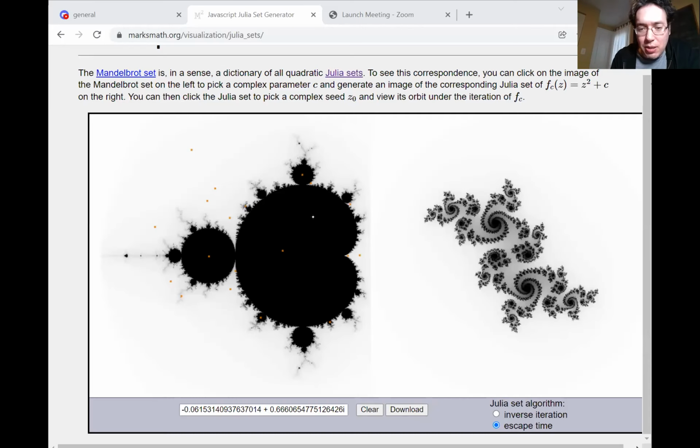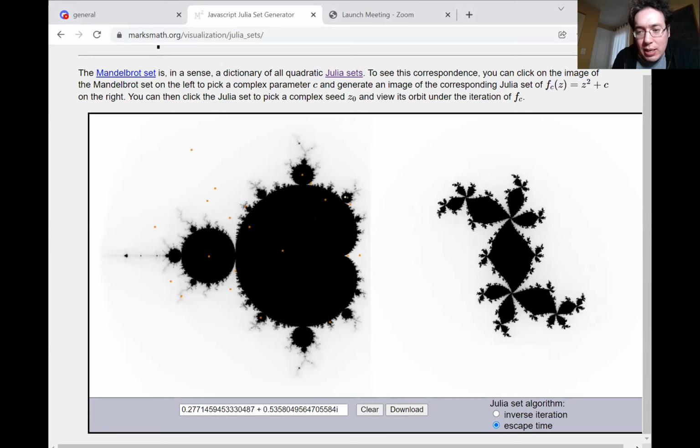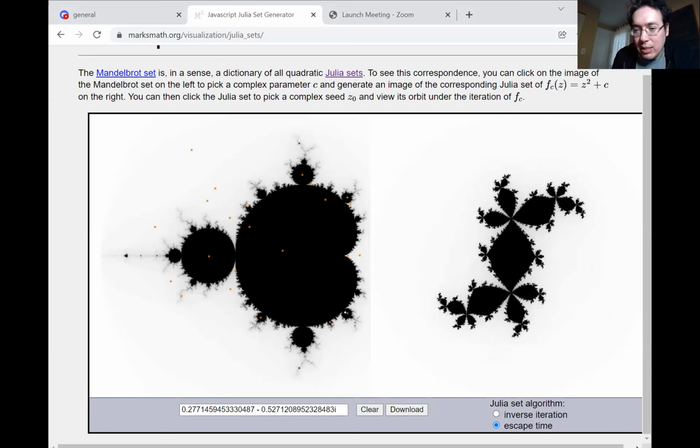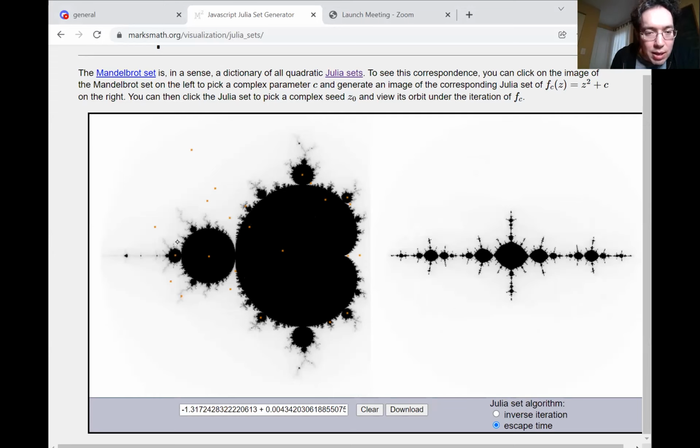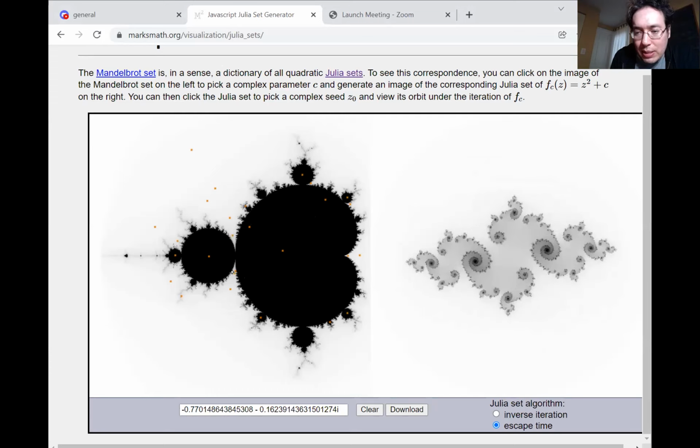I want to go back to the generator. Notice that every time I click on the black portion of the Mandelbrot set, I get blocks of black, a filled-in connected Julia set. And if I click outside of the Mandelbrot set, I get these dusty, disconnected points.